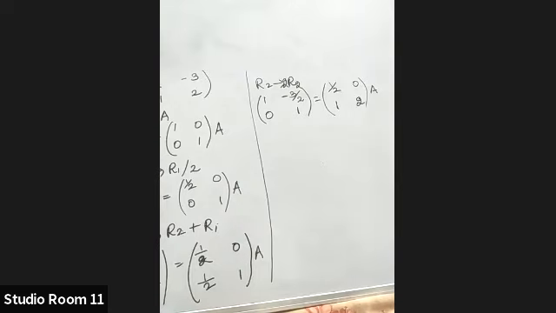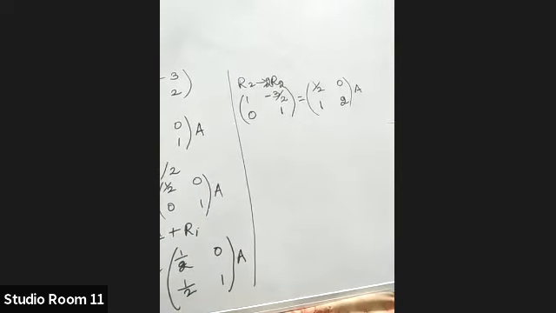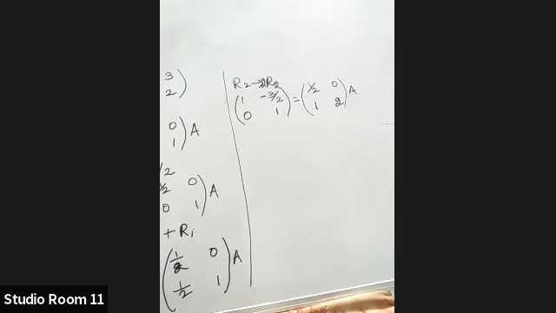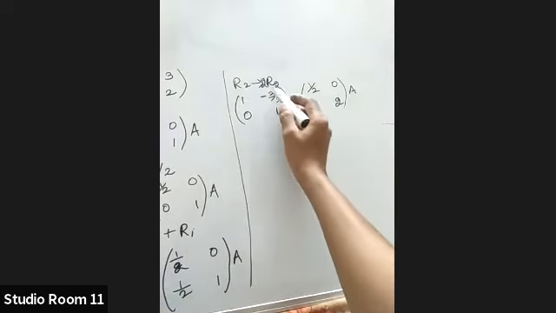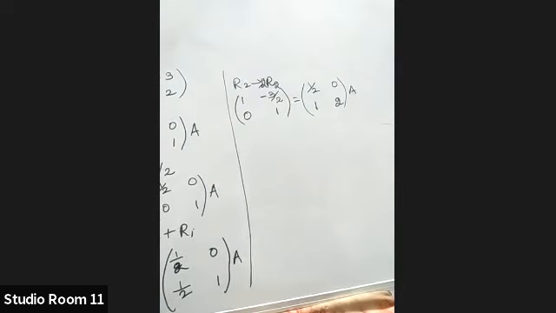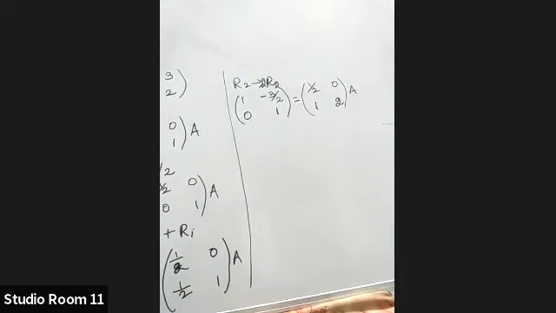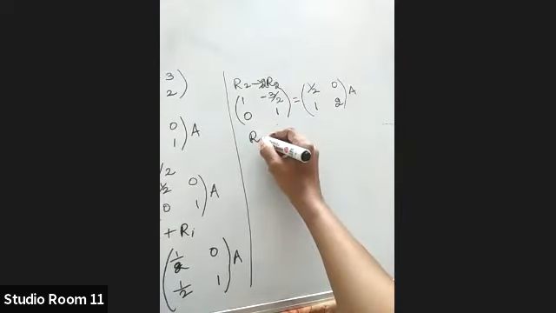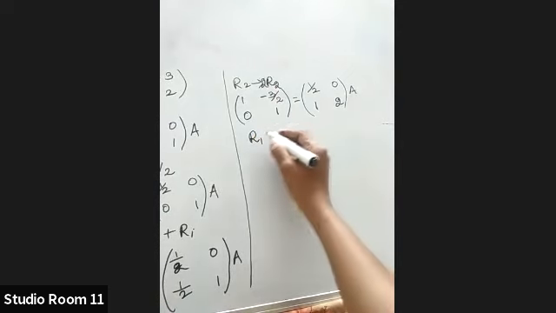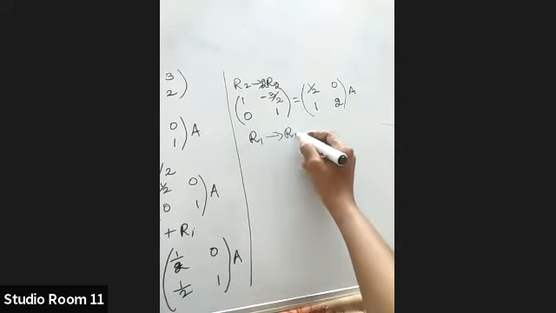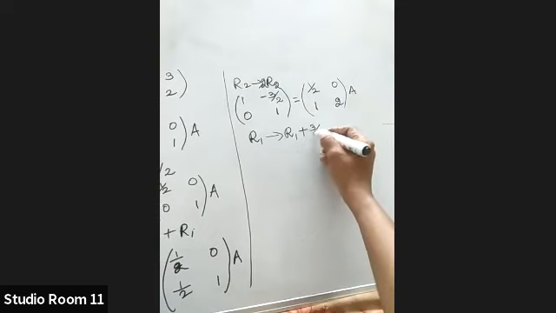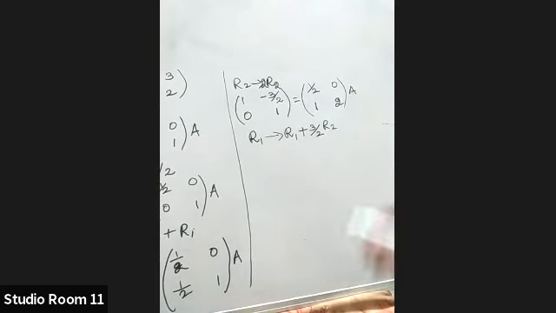Now, what is the next step, children? Can you guess? Second row, second column is 1, and the remaining entries are made 0. Here we want 0, so the change is happening in the first row: R1 gets R1 plus 3/2 into R2.